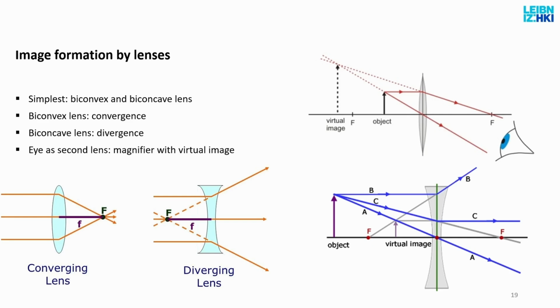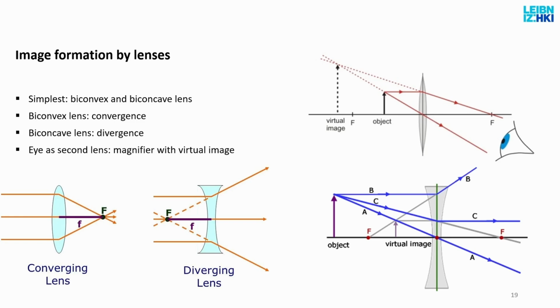Also, we saw in the previous slide that a parallel light beam will be focused in the focal point. So the light beam that comes from the top of the object and goes parallel to what we now know as the optical axis will be bent, will be refracted, so it goes through the focal point, the point where the light will be collected if the light beam is parallel.